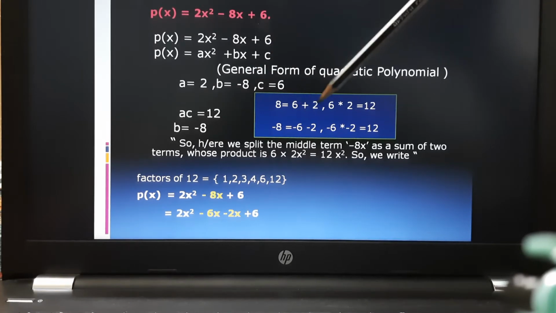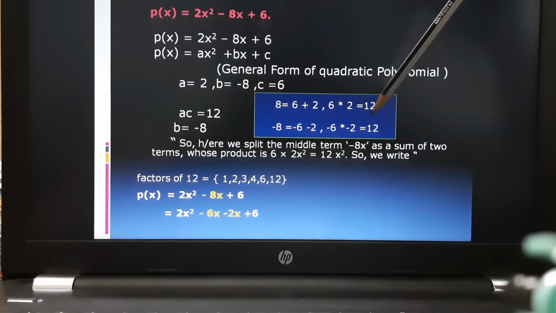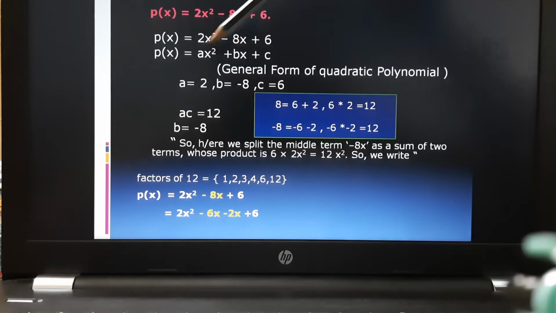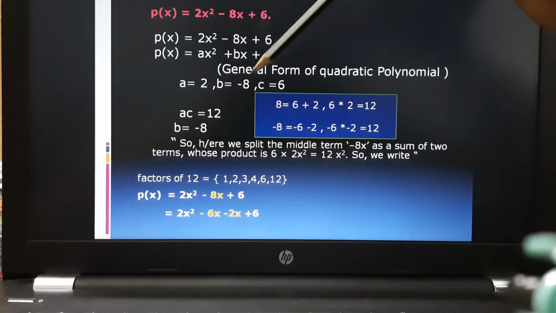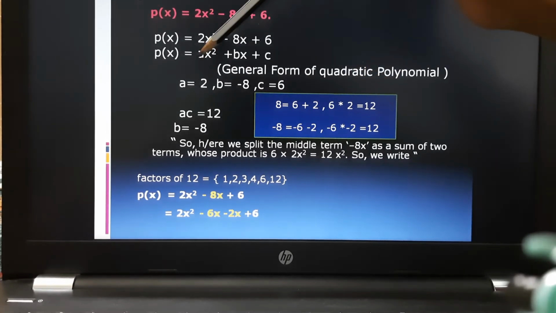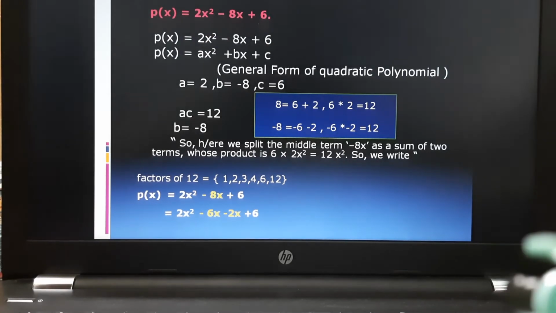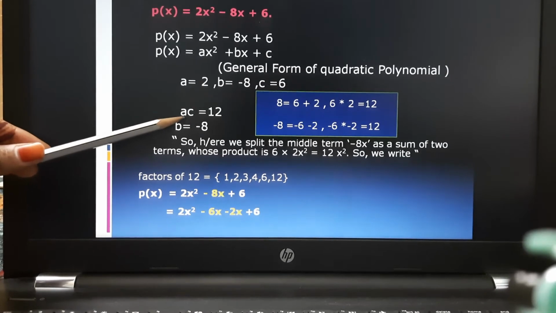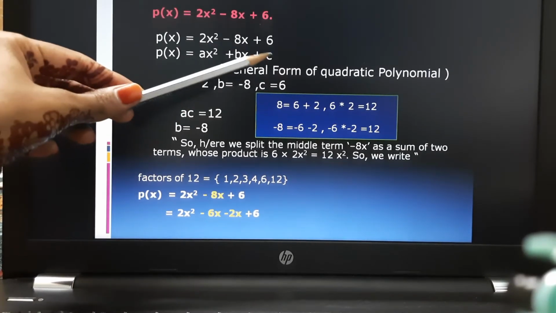So you have a condition that you split this middle term into two parts, but the product of these two should be equal to the product of the first and last term. Here we have a into c, the product of the first and last terms.